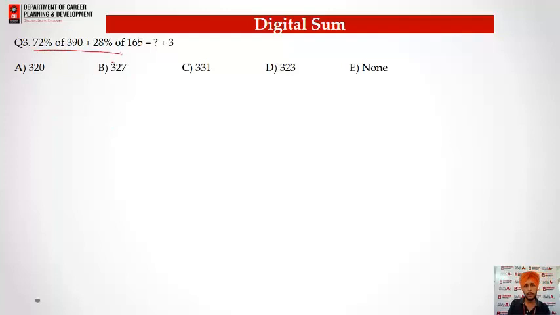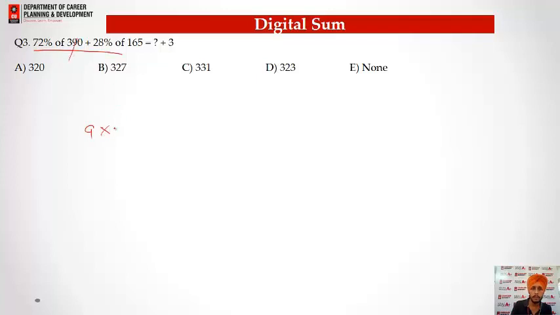The third example is with the percentage sign. So please do remember, we can also ignore percentage signs in questions of digital sum. So here we have 72% of 390. So the digital sum of 72 will be 9. Of will become multiplication. 9 can be ignored.